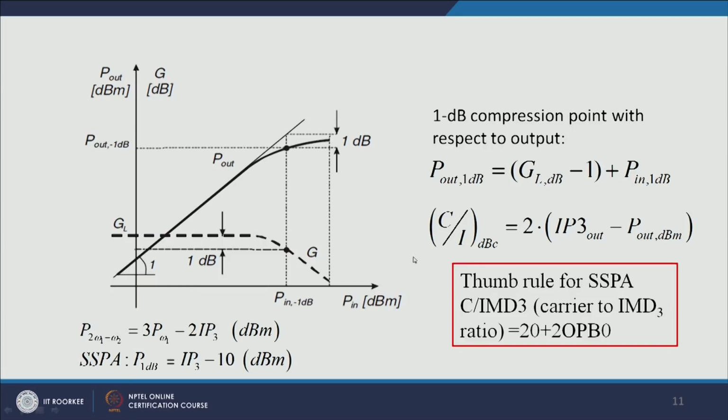This IMD3 component is equivalent to the C by IMD term here. So, the IMD component can be given by 3 times the input signal power at the main frequency minus twice the IP3, third order intercept point. From that we can calculate our C by I, because C by I is given by this formula. Then we can eliminate this IP3 from this formula. So, what will become of this formula?